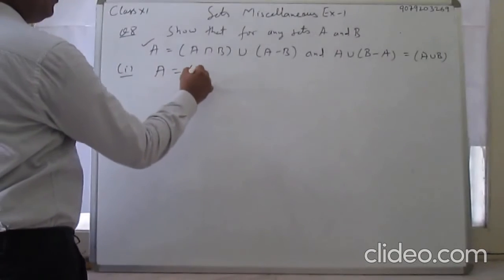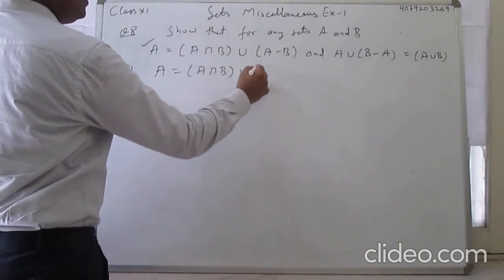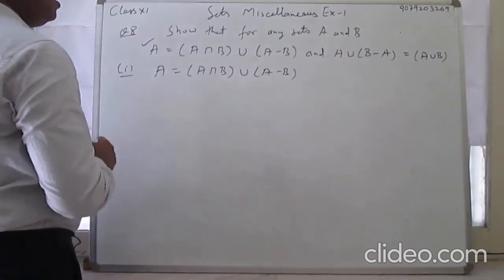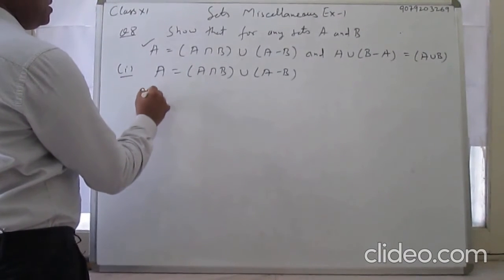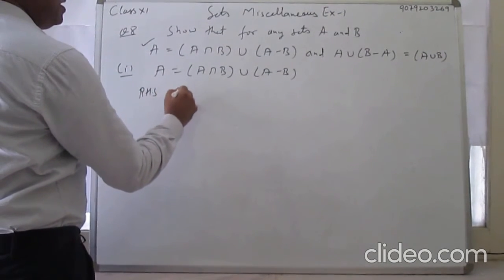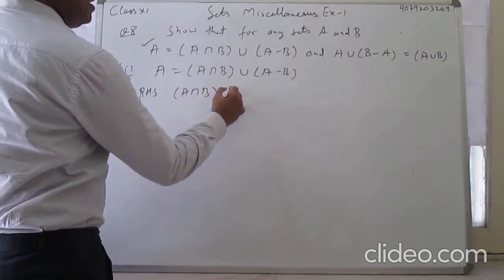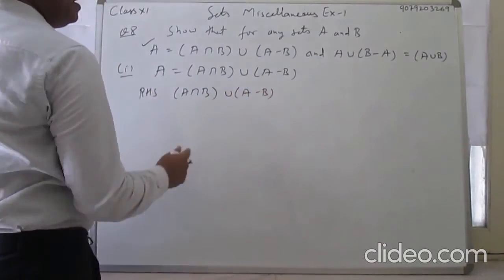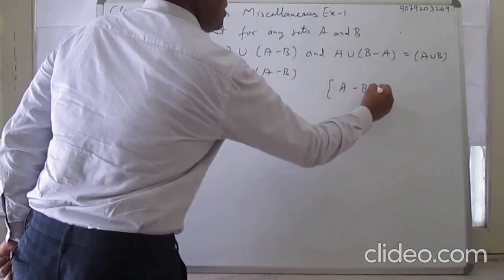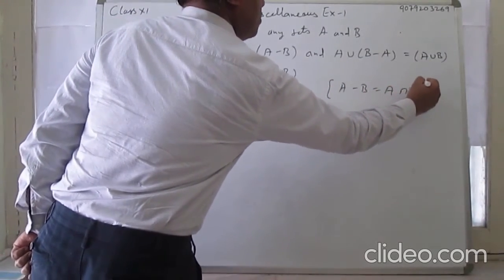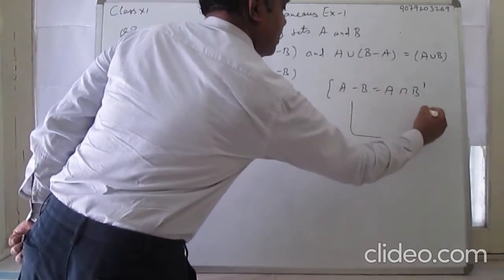A is equal to A intersection B union A minus B. So in this right hand side I will take A intersection B union A minus B. A minus B, what can you write? A minus B you can write as A intersection B complement. See in the Venn diagram.